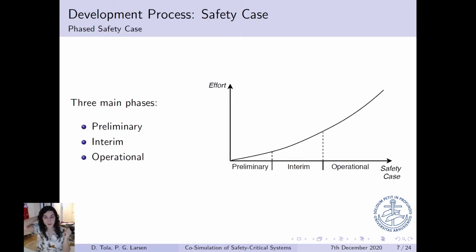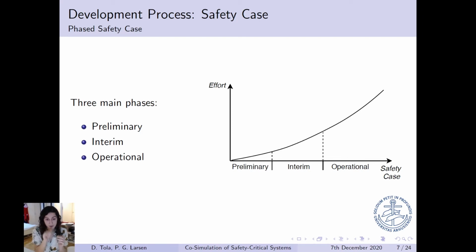So the first thing I want to explain is the safety case process that we have followed. As I mentioned earlier, there are some systems or processes where you would develop the system first and then create the safety case and look at the safety aspects of the system. But there is also another process which is called a phased safety case process, where there are three main phases: the preliminary, the interim, and operational.